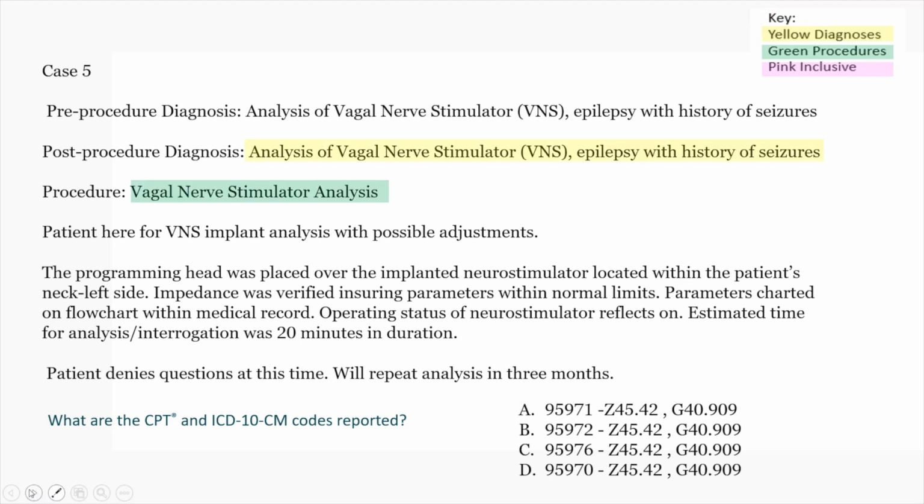Analysis of vagal nerve stimulator, VNS, epilepsy with history of seizures, vagal nerve stimulator analysis, procedure performed. Patient is here for VNS implant analysis with possible adjustment. And the estimated time for the analysis or interrogation was 20 minutes in duration.